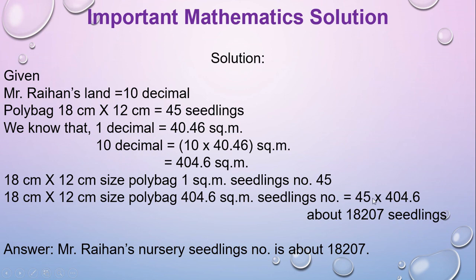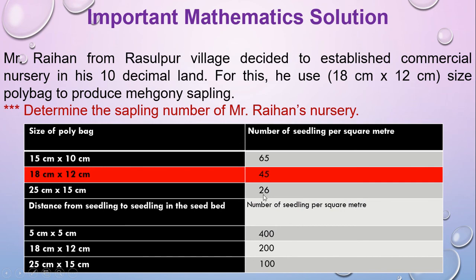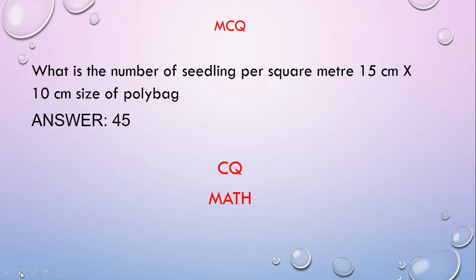This math is very important for your CQ, as well as you can get this type of math in your MCQ as well. So you have to memorize this, practice this math at home, as well as you have to memorize this table for this math.